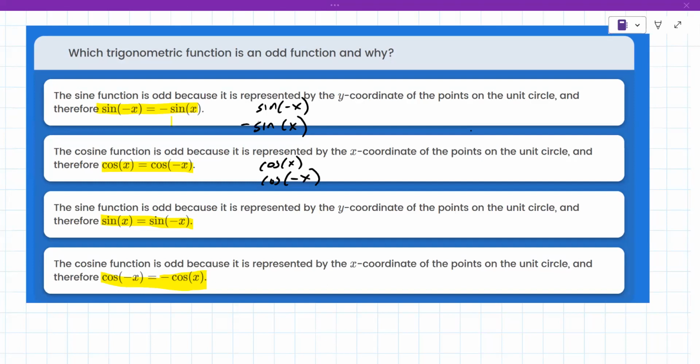So the second one is the same too. The third one is overlapping itself.